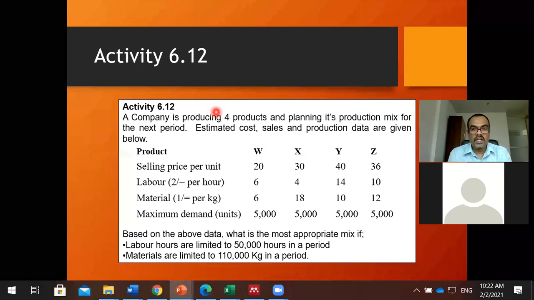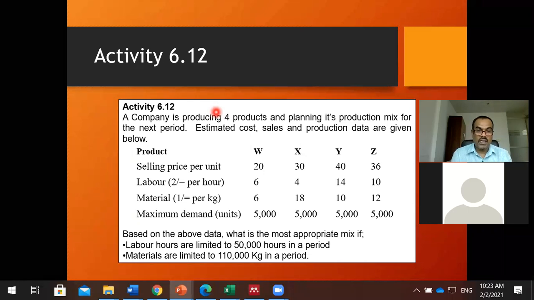This is what we call a situation of limiting factor. Based on the above data, what is the most appropriate mix if labor hours are limited to 50,000 and materials are limited to 110,000 kilograms?